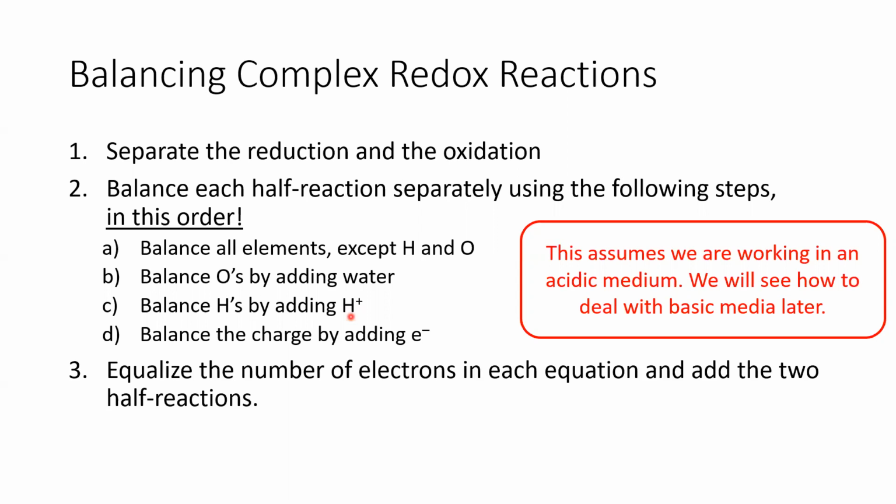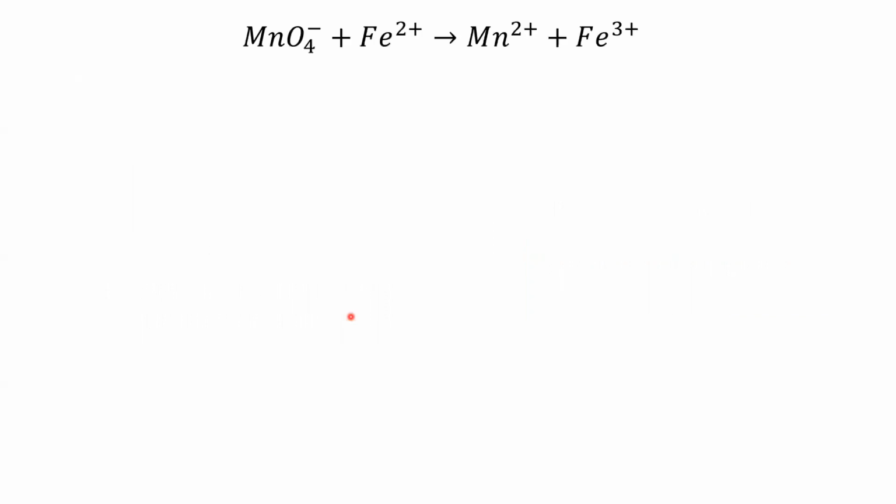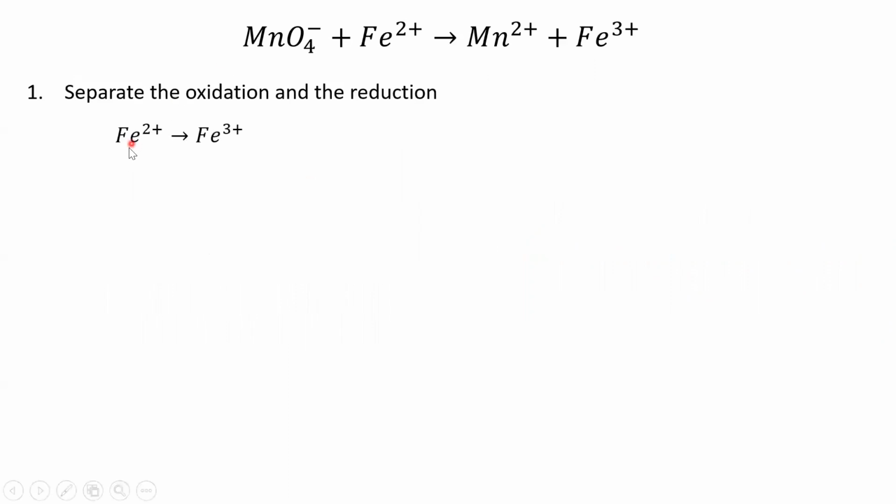So let's follow the steps. Here is the reaction we want to balance. The first thing we're going to do is write our two half reactions. We've got iron 2 ions on the reactant side going to iron 3 ions on the product side.